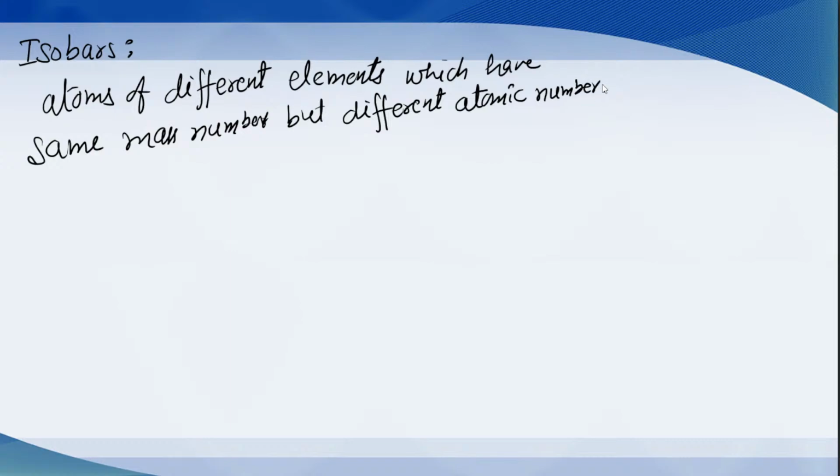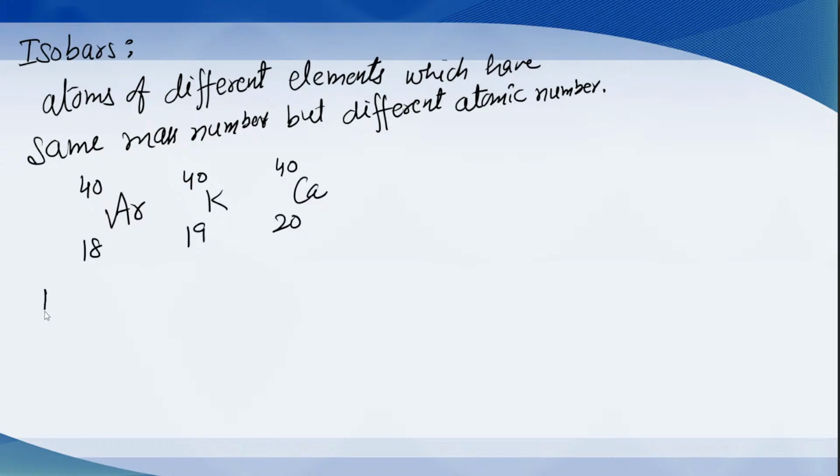For example, argon, potassium, calcium. Their atomic numbers are 18, 19, 20, but if the mass number of all of them is 40, they are isobars, because they have the same mass number but different atomic numbers.